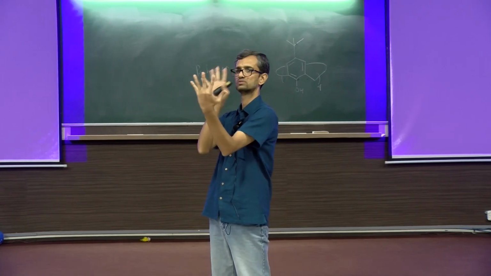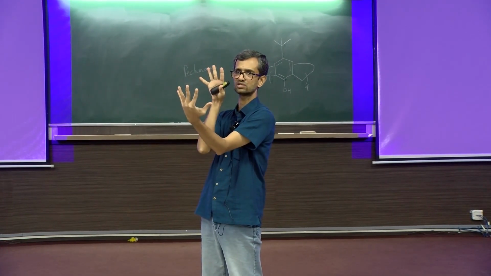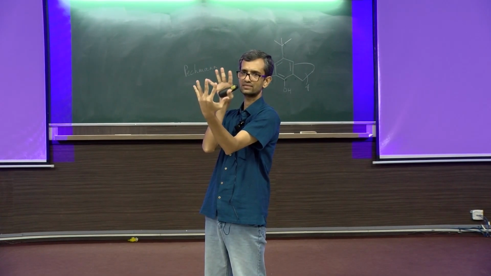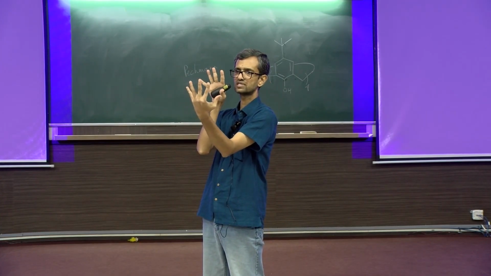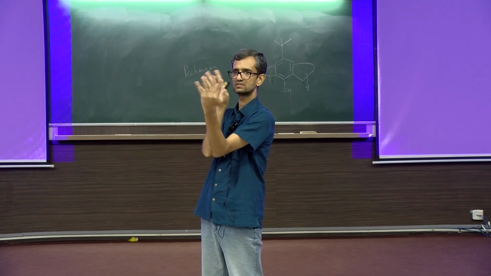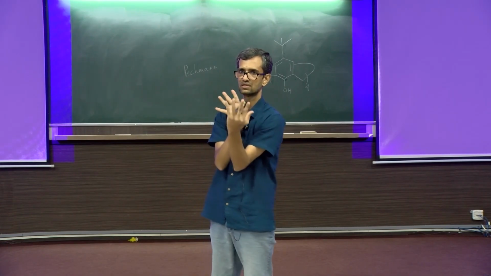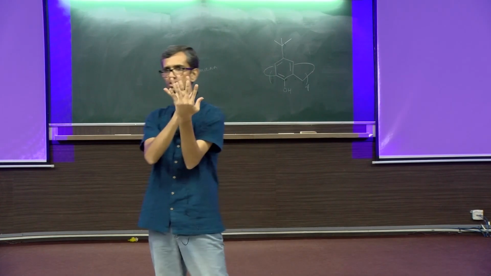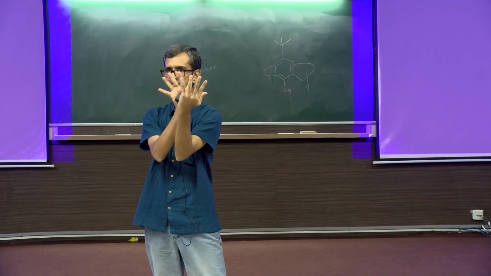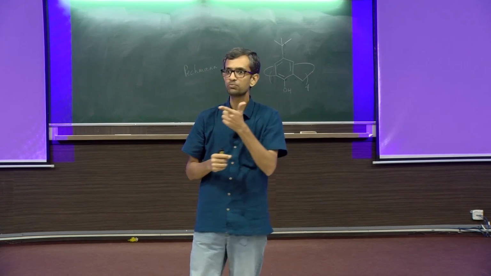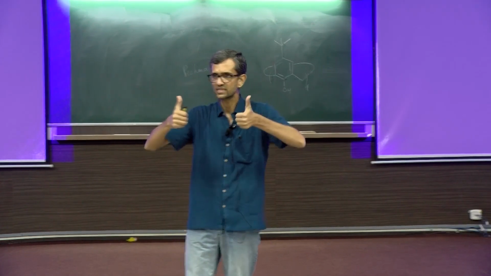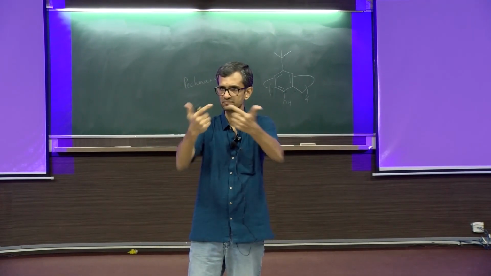No, a perfect crown would look such that on both sides, the opposite phenyls or the arenes would be exactly like a mirror image. Okay. But now in a pinched crown scenario, you would see this twisted. Okay. So they don't align exactly one on top of the other, but they would have some twist. Because like we said in cyclopropane, these eclipsing interactions are seen, 6 of them, right?